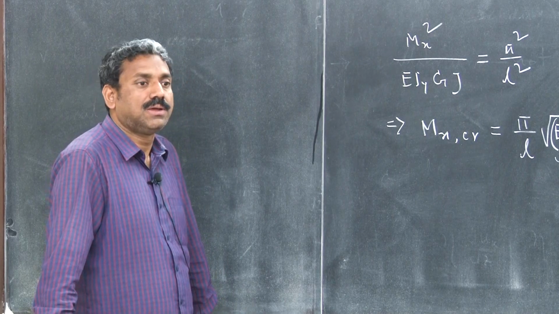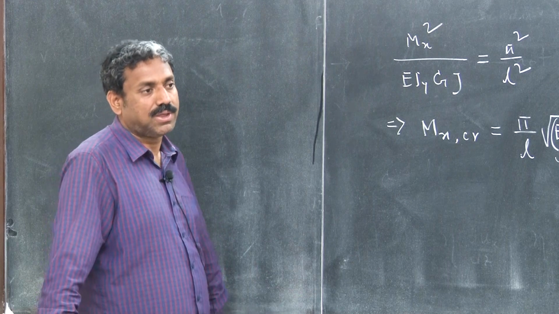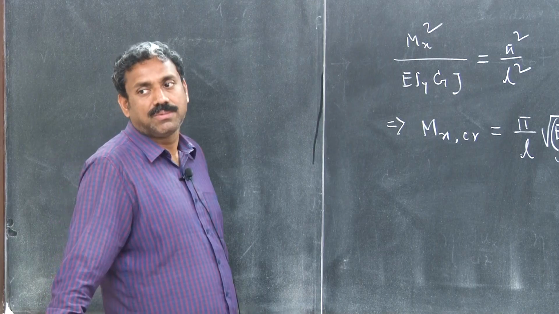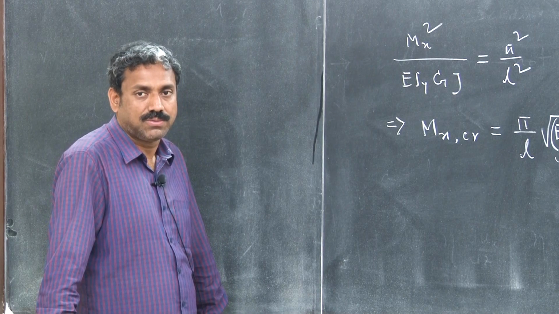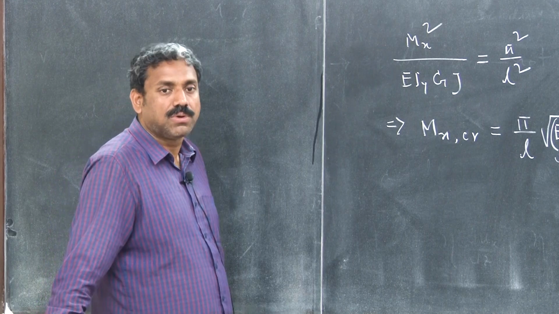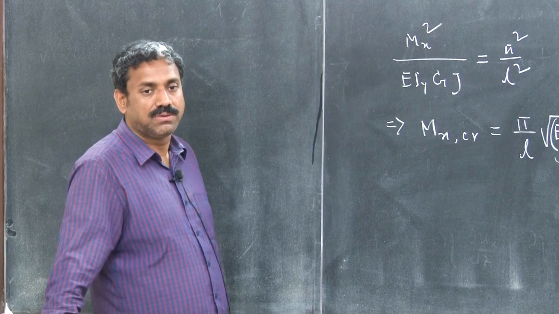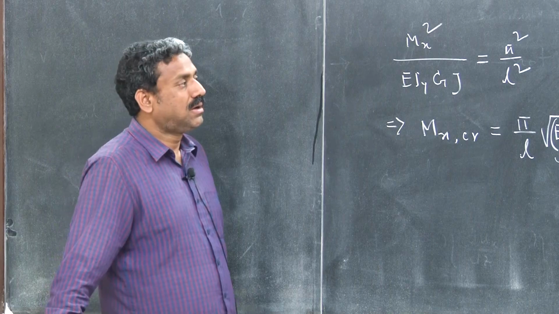And since we are all aware of how to find the buckling load for a column, which we did in our undergraduate course by solving the differential equation of equilibrium in the deformed configuration, we obtained the eigenvalue problem, a trigonometric eigenvalue problem, right? Trigonometric, why?